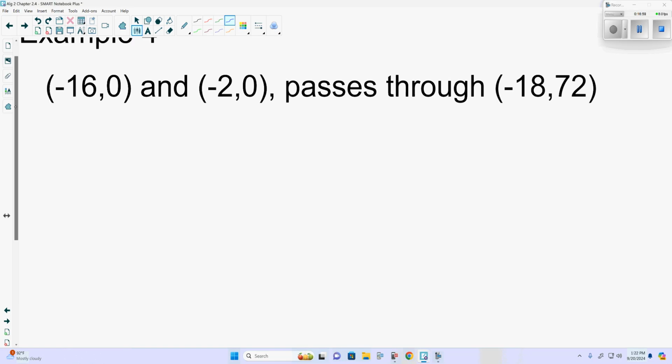So we get the point (-16, 0), (-2, 0), and it passes through the point (-18, 72). Is this vertex form? But they didn't tell us x-intercepts, did they? They did and didn't, because x-intercepts are where it crosses the x-axis, but the value of y at the x-axis is 0.